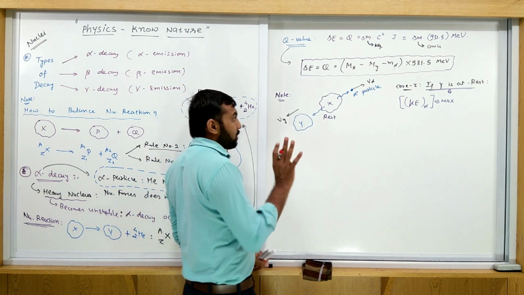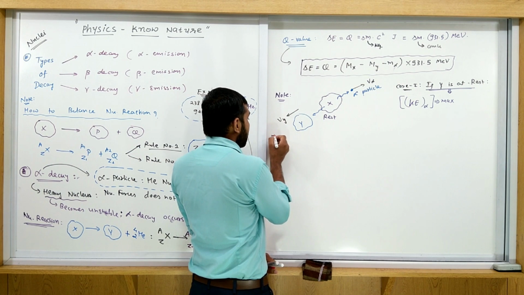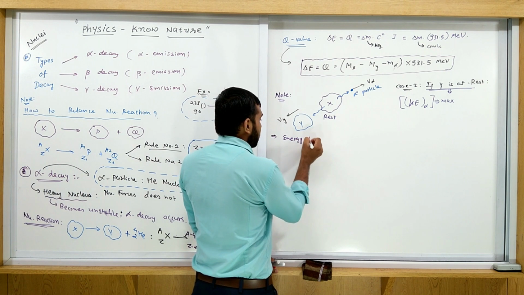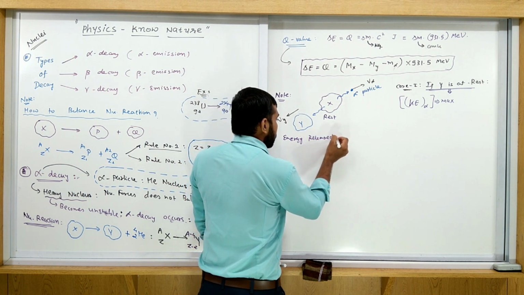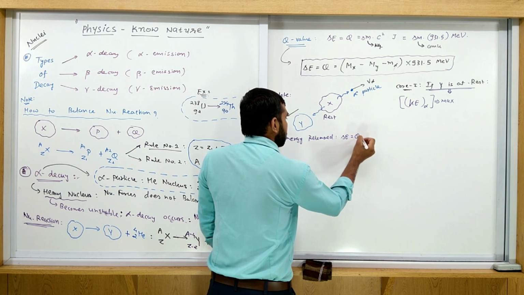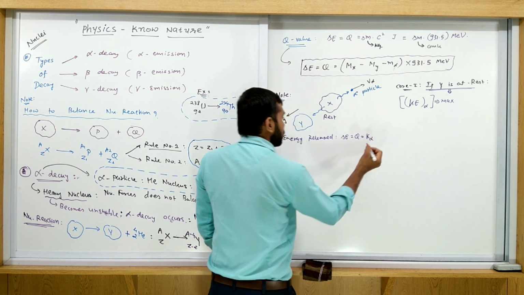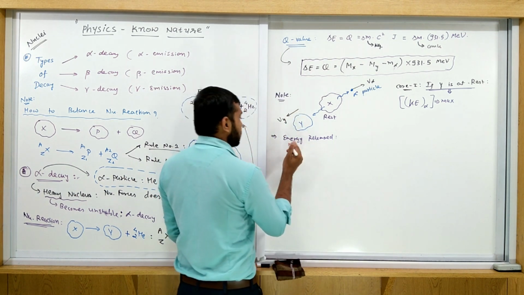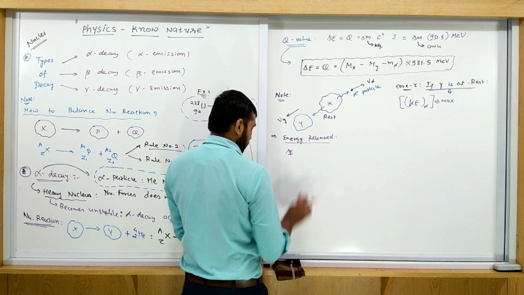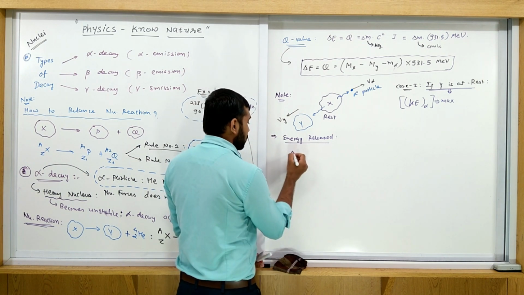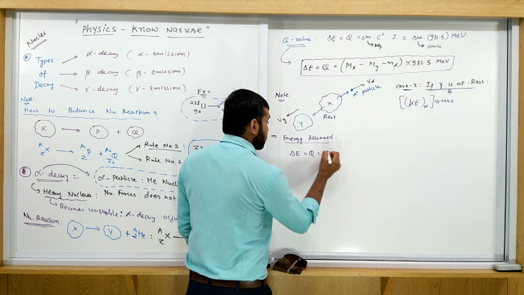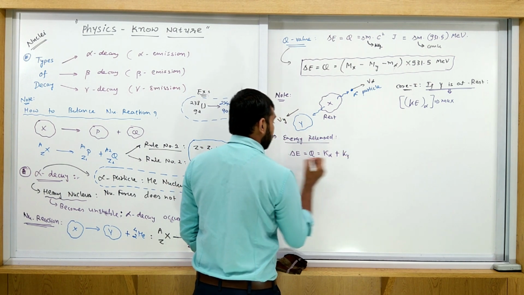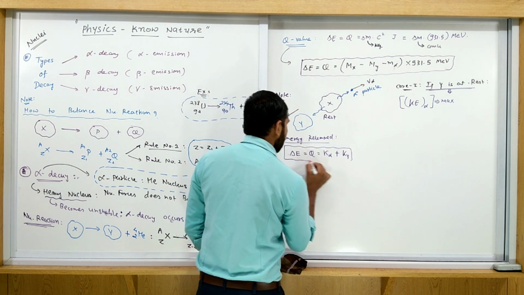If you have to write the answer, you can write it like this: energy released, delta E equal to Q, equal to kinetic energy of alpha plus kinetic energy of Y. You write this value in this way.